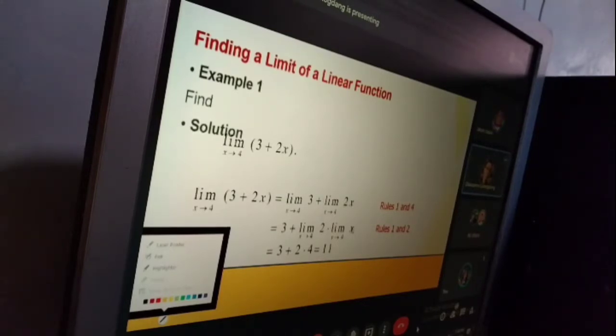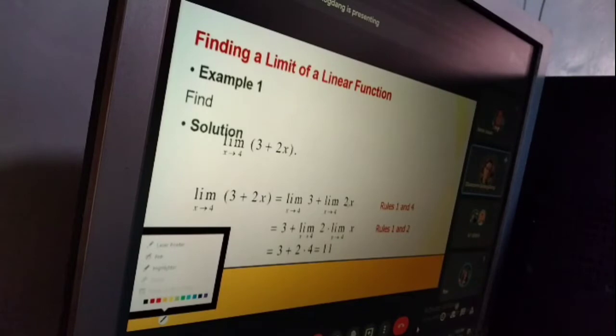The limit notation is still there, as x approaches 4. So we evaluate the limit of 3 as x approaches 4. The limit of c is equal to c. It is a constant.